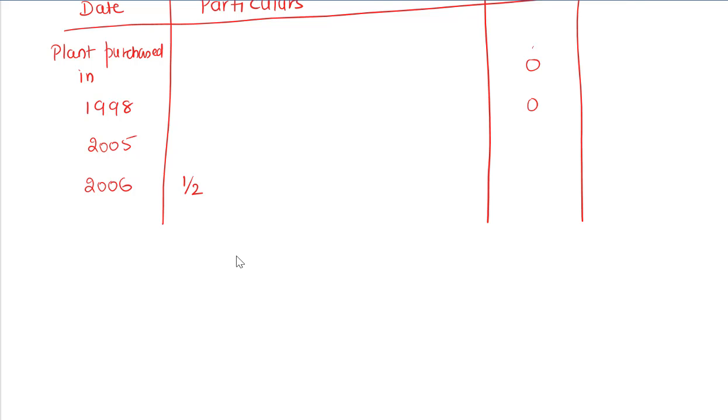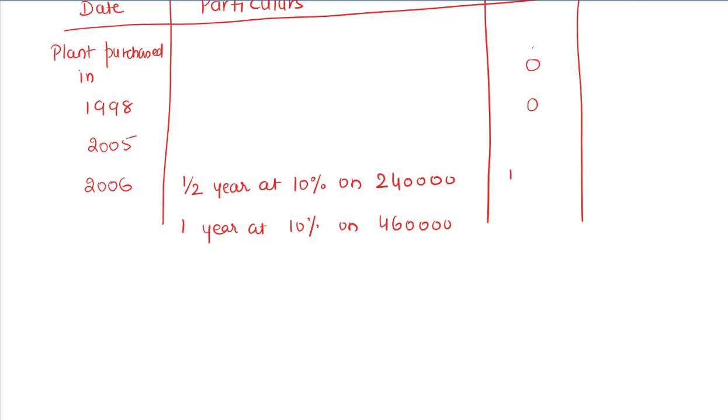So half a year at 10% on 2,40,000, and for the whole year at 10% on 4,60,000. The total is 7 lakh.